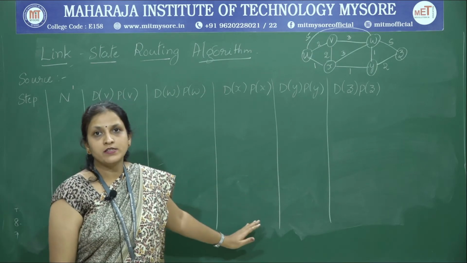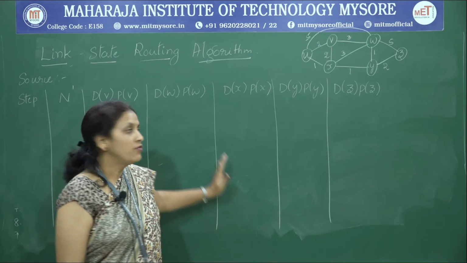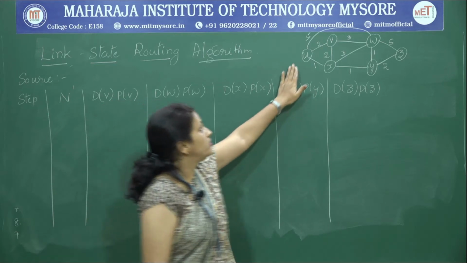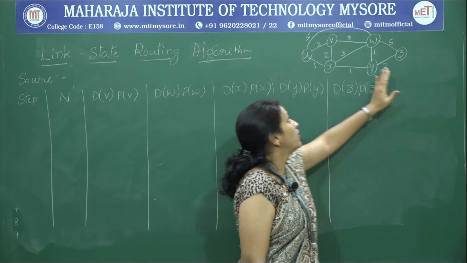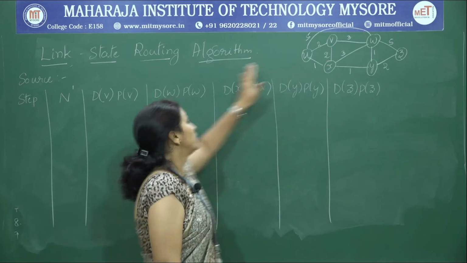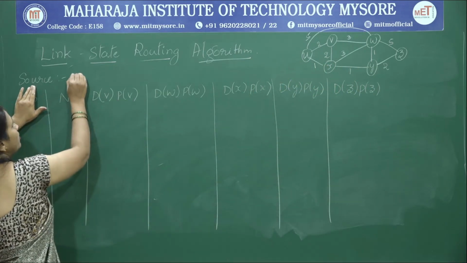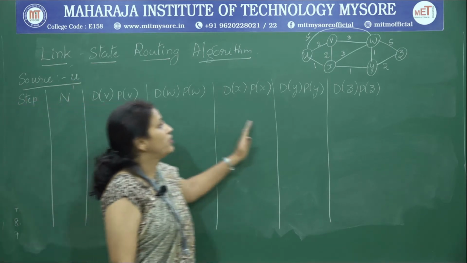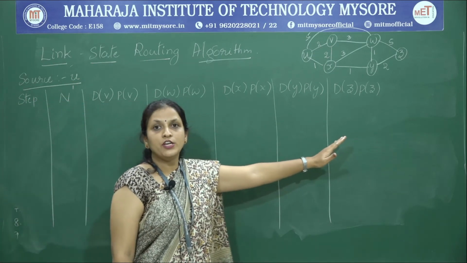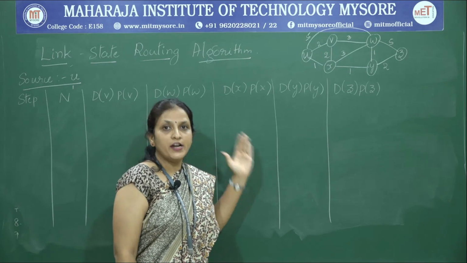Now, we will try to understand our link state routing algorithm with an example. This is the example network which we are going to consider. Here we are considering U as our source. What are all the things that we need to store or calculate at each iteration?